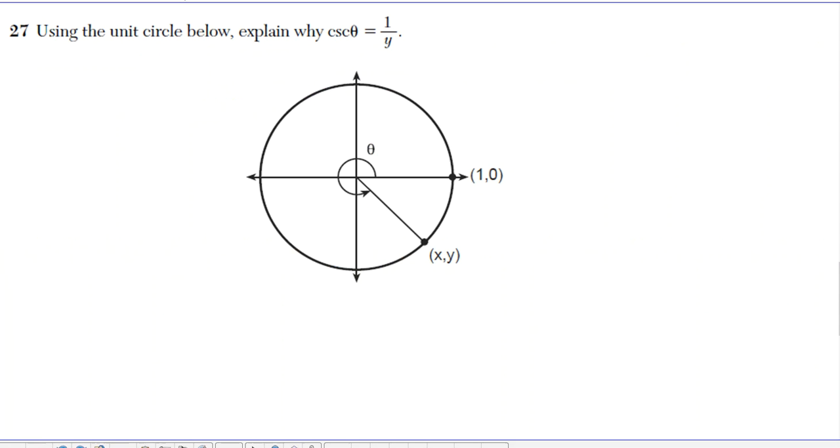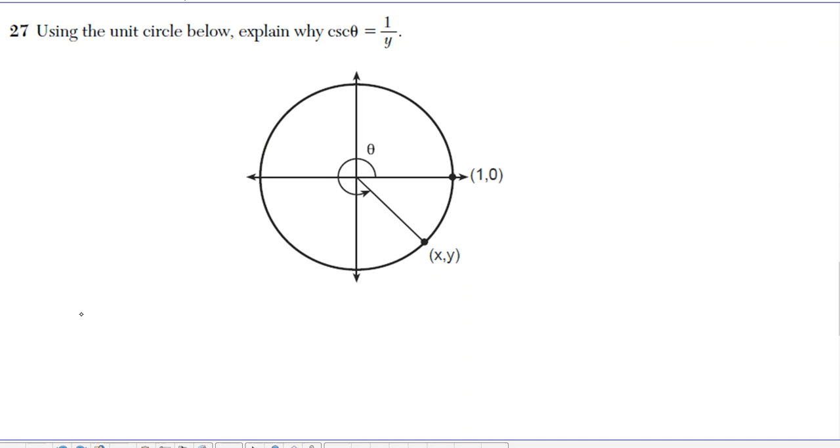Alright, let's take a look at question 27. It says, using the unit circle below, explain why cosecant theta is 1 over y. First of all, we're going to make use of our identities.